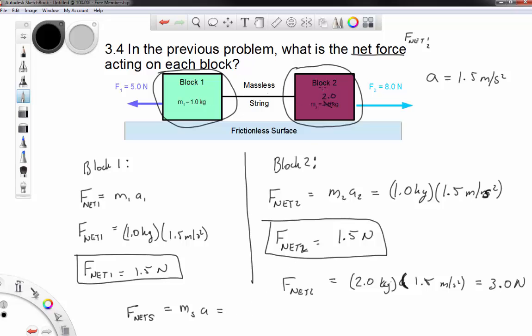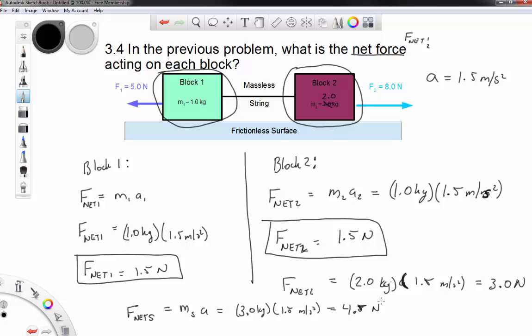And the mass of the system would now be 1 kilogram plus 2 kilograms. So that would be 3 kilograms times 1.5 meters per second squared. So 3 times 1.5 would be 4.5. And then the unit is newtons.